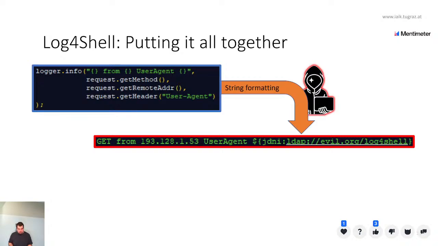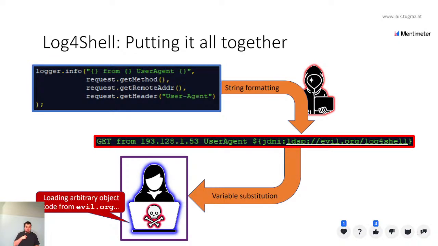Putting it all together, we have this first log instruction, which inserts the HTTP method. Okay, HTTP method, that's fairly safe, hopefully. In this case, that's just GET. Remote address, we can't really influence that. But it also inserts an HTTP header. Well, we can influence that, and then we just send this formatting token in the HTTP header, and this gets logged.